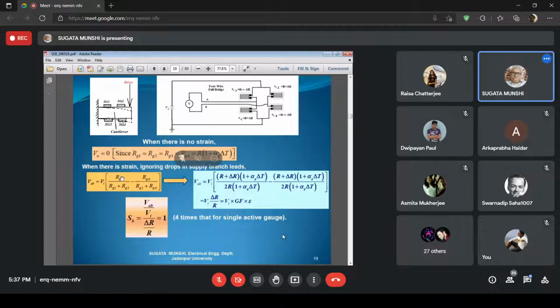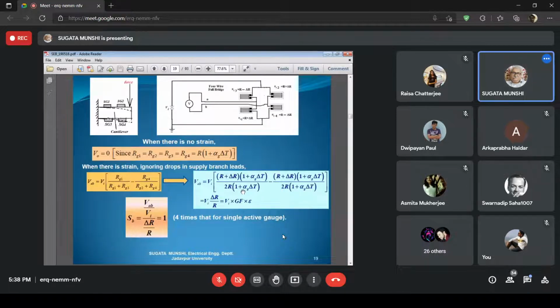Substituting RG1 with R plus delta R times this temperature term, and RG4 also, the same expression. RG1 plus RG3. All right. What is RG3?